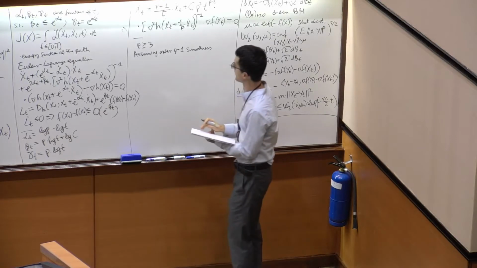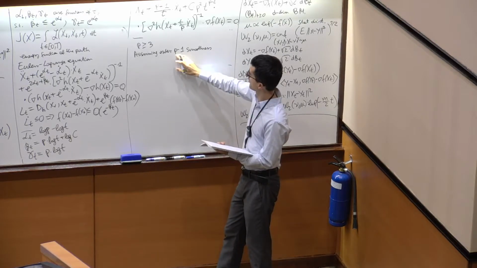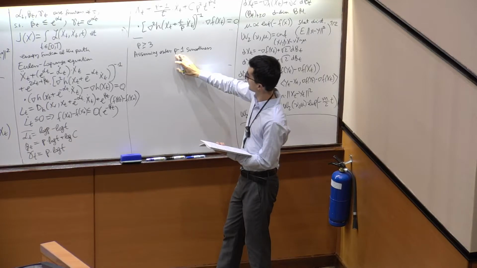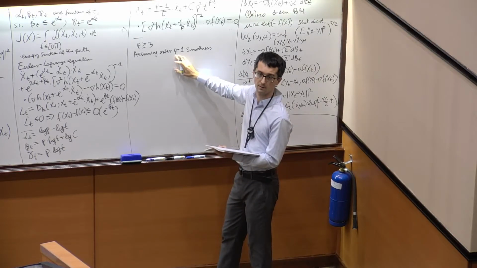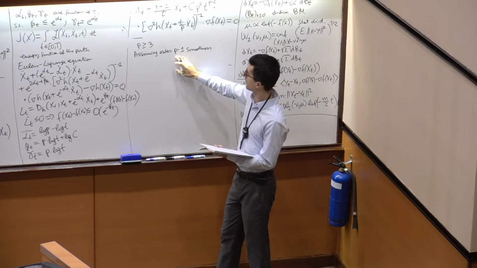Okay, so this means that if you differentiate your function f p minus 1 times, it's going to be Lipschitz.